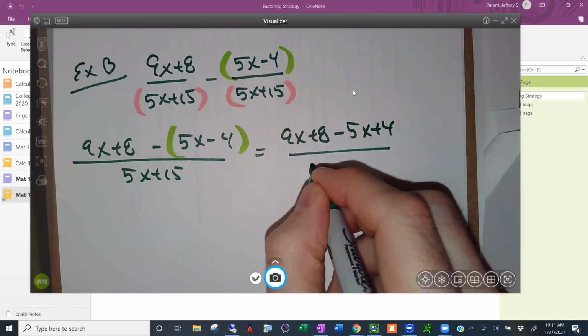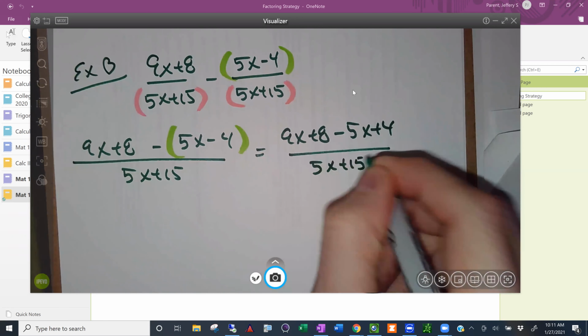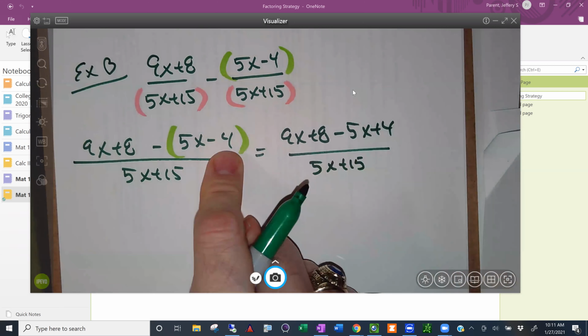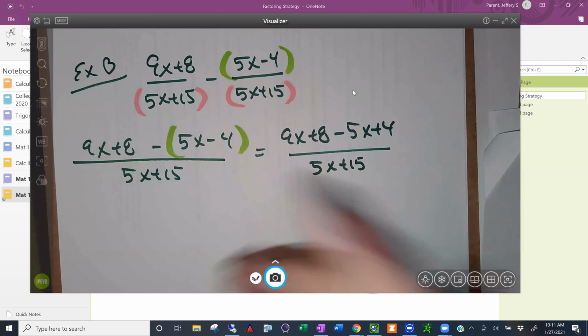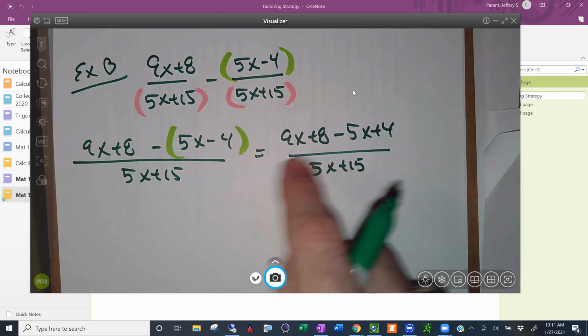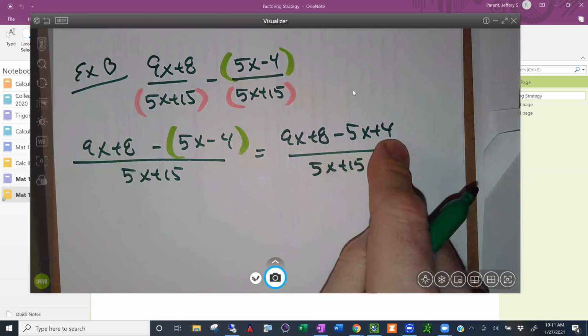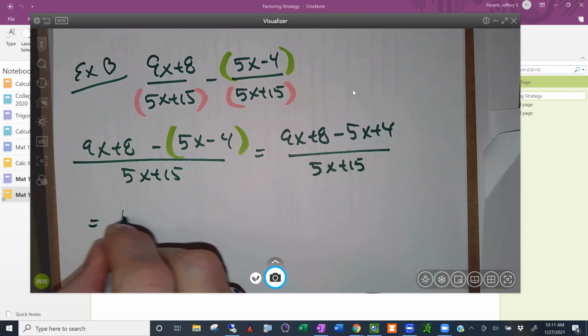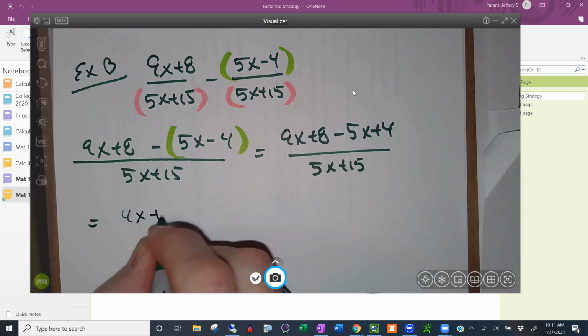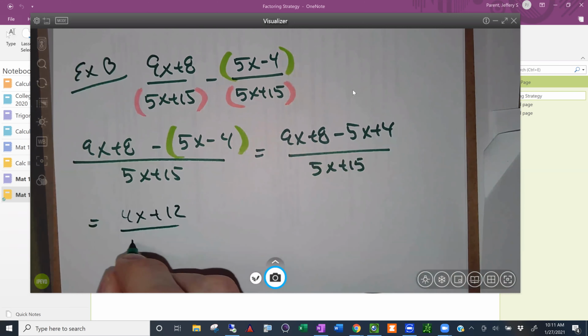So you got to be careful with that, because if you had a -4, then I'd end up with 8 minus 4 would be 4. Whereas here I end up with a 12. In fact, I end up with 9x minus 5x is 4x plus 12 over 5x plus 15.